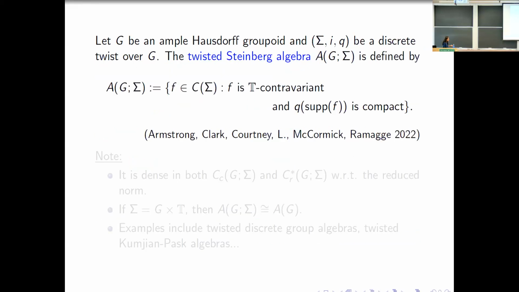So that's the untwisted version, and now I'm going to show the twisted version.